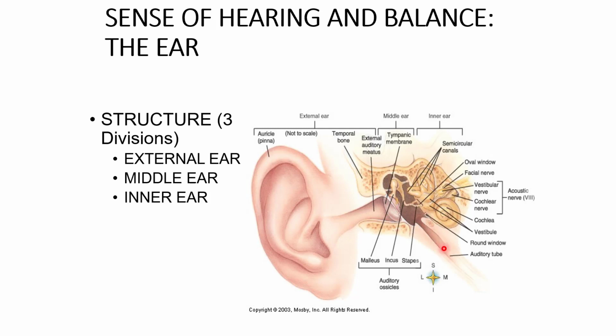This is the auditory tube, which connects via the auditory tube to the nasopharynx. On the other side, the medial aspect, it communicates with the inner ear. So that is how the three parts, external ear, middle ear and inner ear, are arranged.